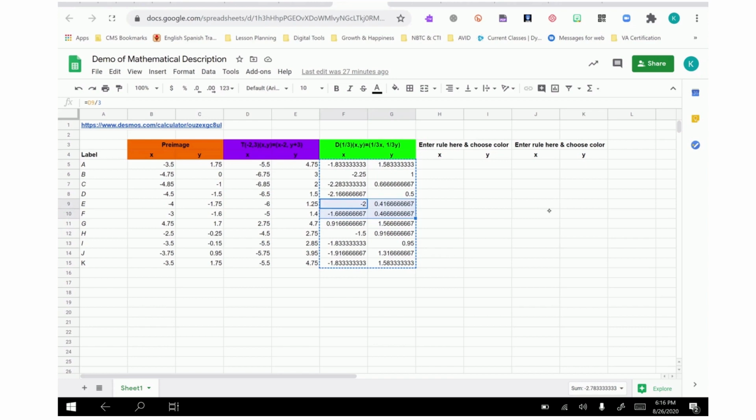The corresponding points on the pre-image would be here, because translation comes before dilation for me. For you, it might be different. You might switch them around. But for me, translation comes first and then dilation. So I'm going to use EF here and EF here for my corresponding points.